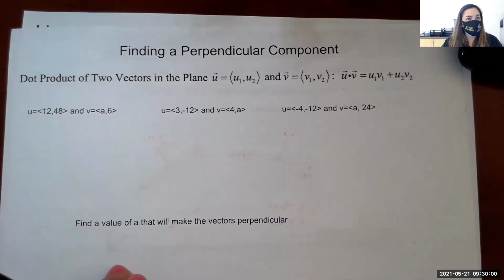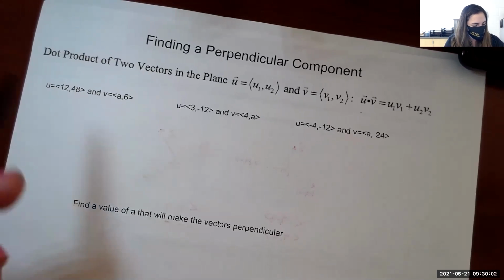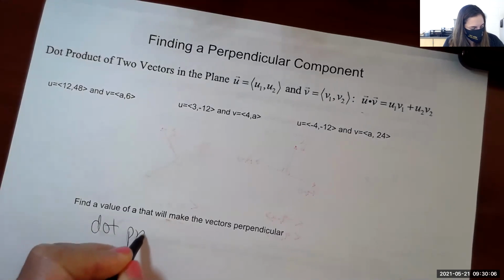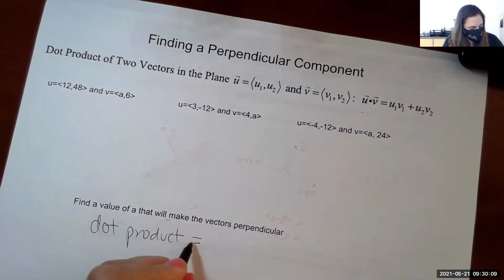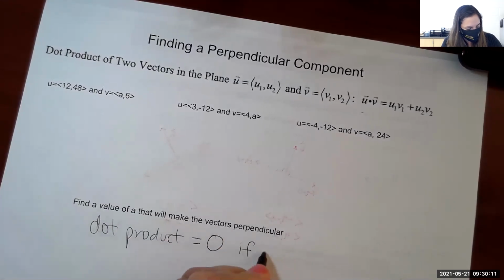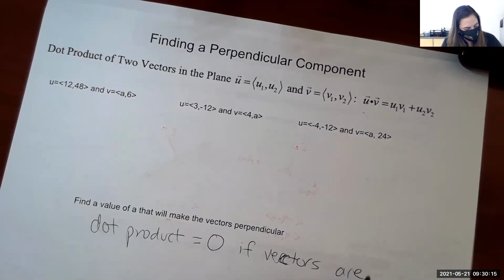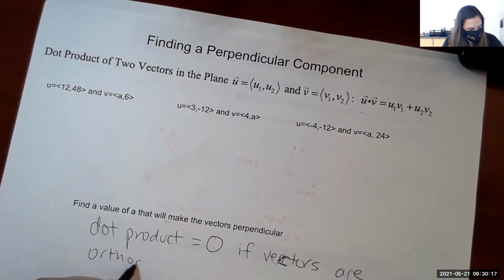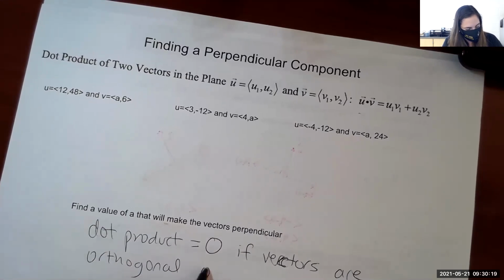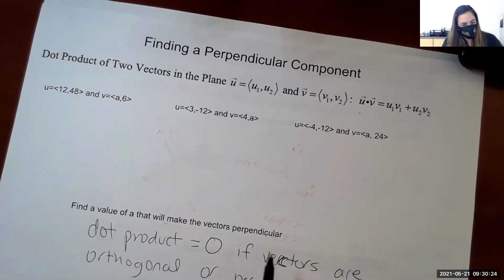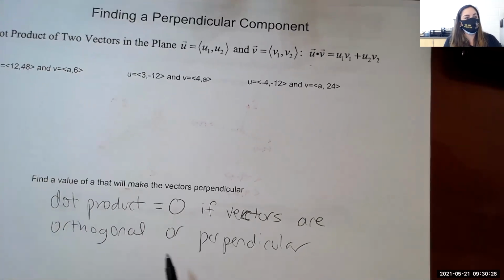Well, you all know that the dot product for orthogonal vectors has to be 0 if the vectors are orthogonal or perpendicular. Okay. The dot product has to be 0, right?